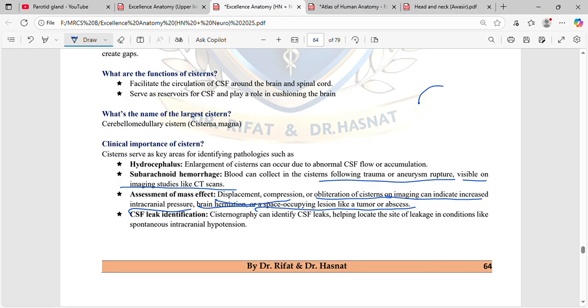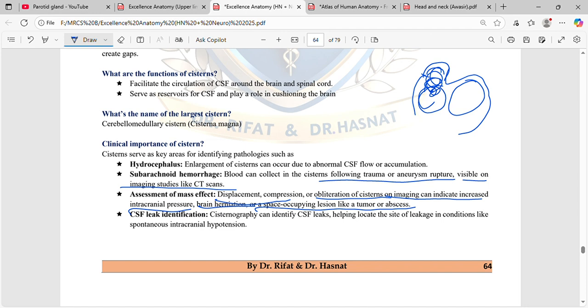For example, this is your brain. Here we have this cistern, and this is another cerebrum. If there is a space occupying lesion, it will grow, enlarge and enlarge, so it can vanish the cistern.